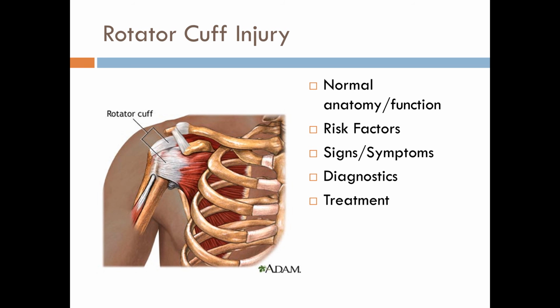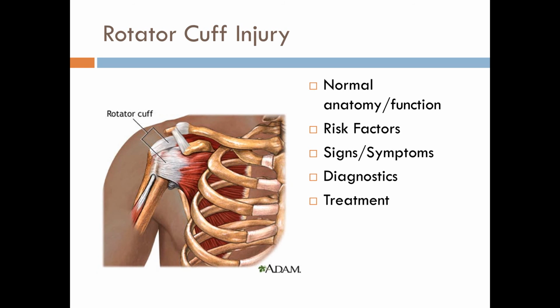So the doctor will abduct their arm to 90 degrees, move it away from the body to a 90-degree position, and then tell the patient, okay, slowly lower it down, and their arm just drops. They have no strength and no control over how fast they lower their arm. This is kind of a telltale sign of rotator cuff injury.